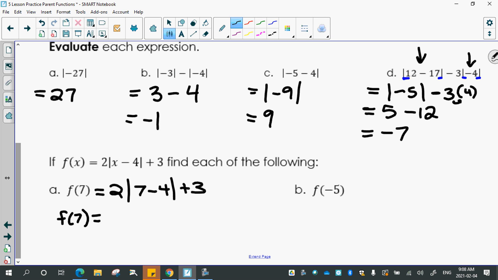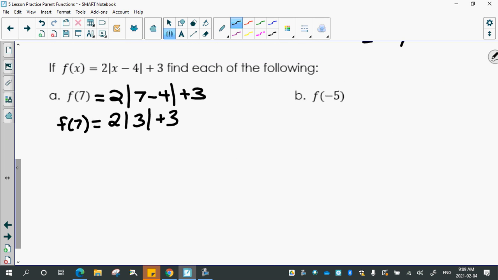So we're going to do inside the absolute value first. 7 minus 4 is 3. So now I can do the absolute value of 3 is 3. And then 6 plus 3 is going to be 9.